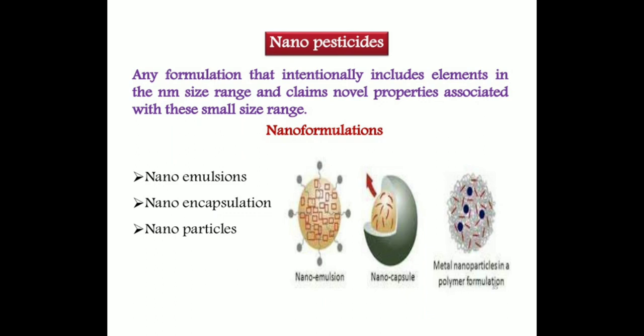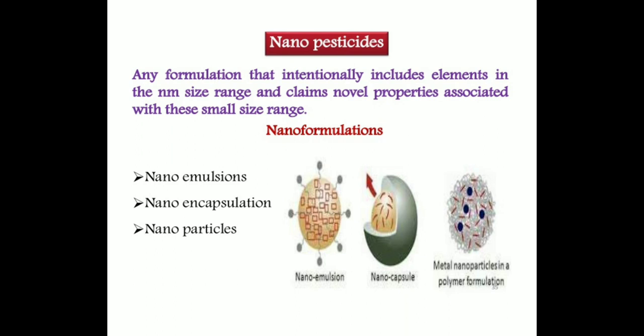Nanopesticide formulations include, in any formula, elements in the nanometer size range, with the novel properties associated with these small size ranges, as seen earlier. The first step is nano emulsions, which are coated with powder form, wax coating form, or polymers. Suspensions are different types of emulsion, such as hydrogel or zeolites, which we use to coat the particles.